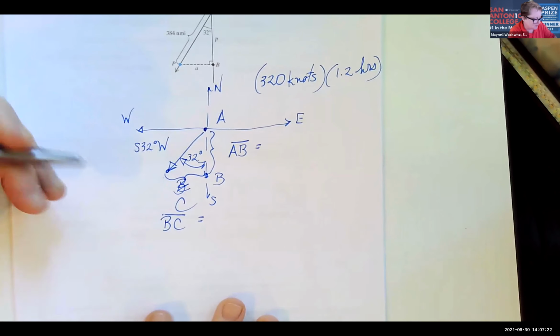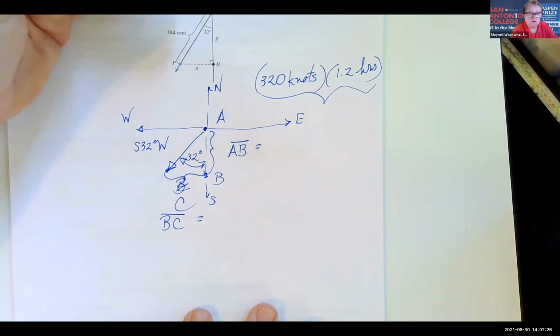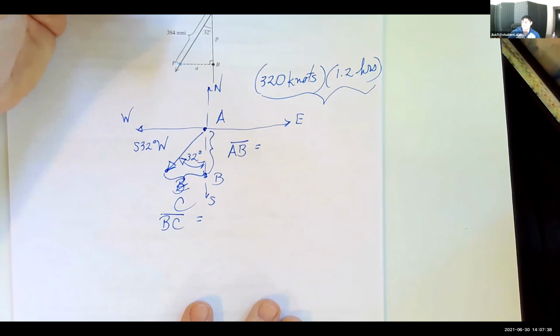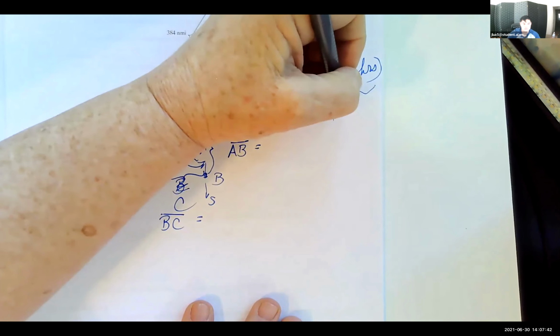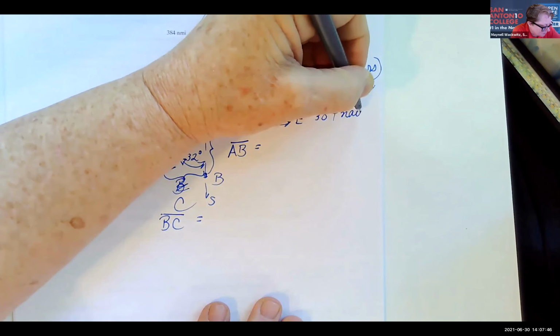We just need to multiply. So what is 320 times 1.2? That's 384. Exactly. Excellent.